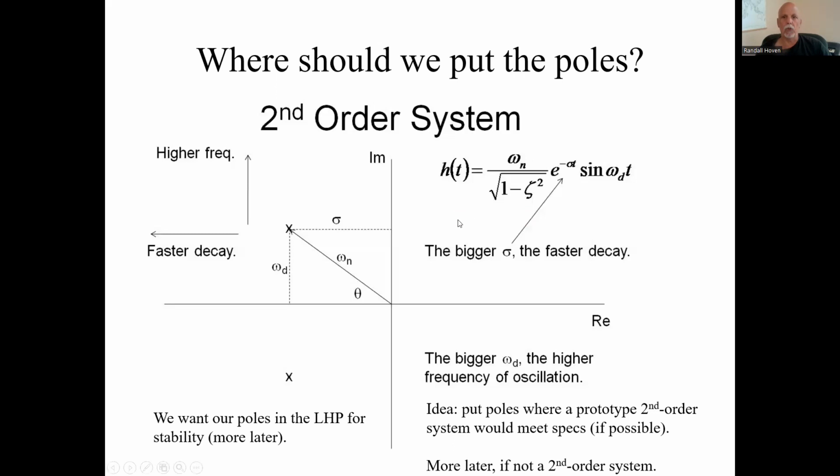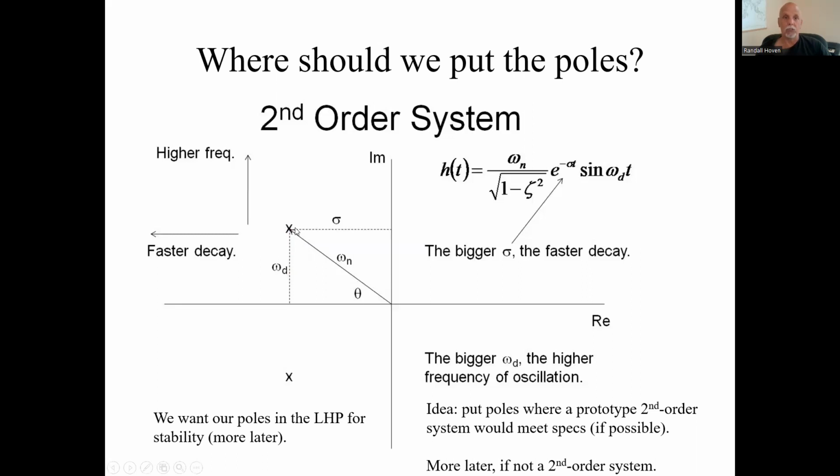Just to kind of review, we talked about this before, but the parameters of our prototype second order transfer function can either be in terms of damping ratio and natural frequency, or in terms of this sigma and damping frequency. And the sigma and damping frequency are the pole location.